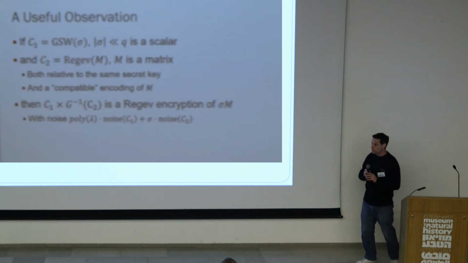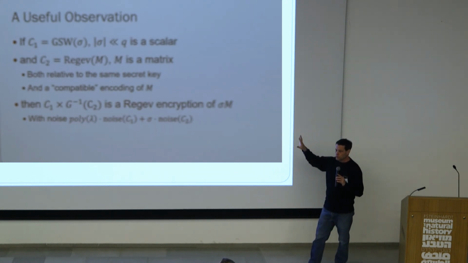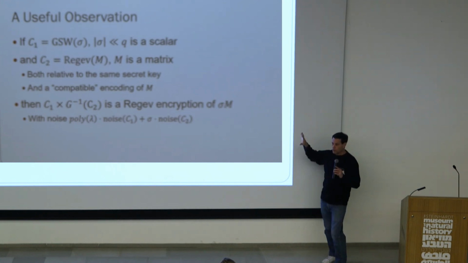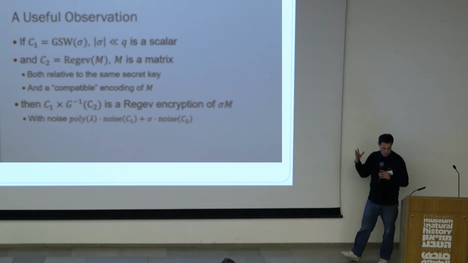I'm just going to go through a useful observation that allows you to take GSW ciphertexts encrypting bits and compress them into a Regev encryption of a single matrix.